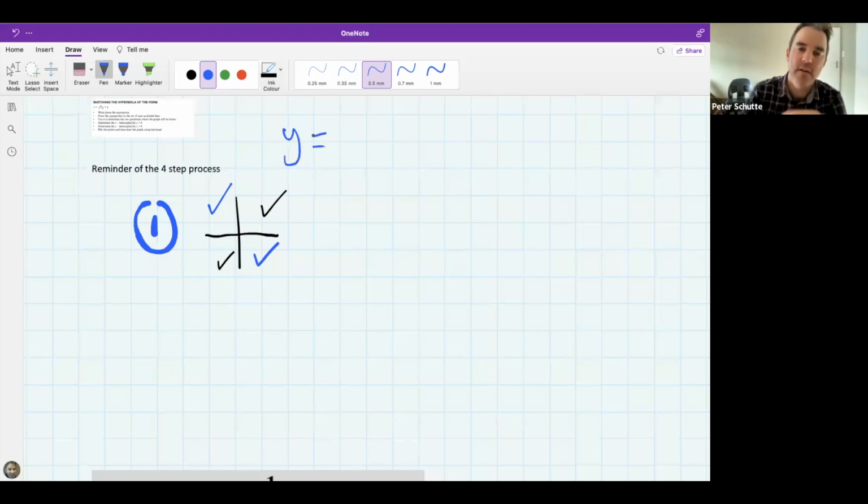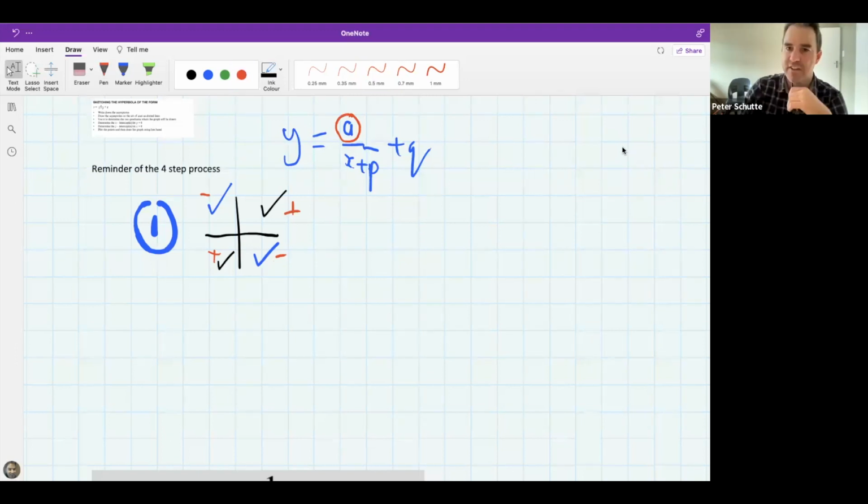So we go on the first and third quadrant if A is positive, and if A is negative, we go in the second and fourth. Okay, thank you, Tegabatso. That was great. So the first step was the correct quadrants.